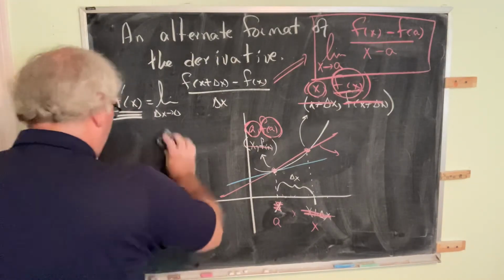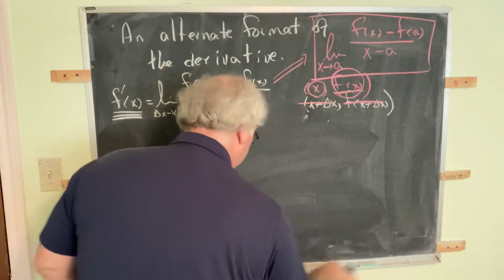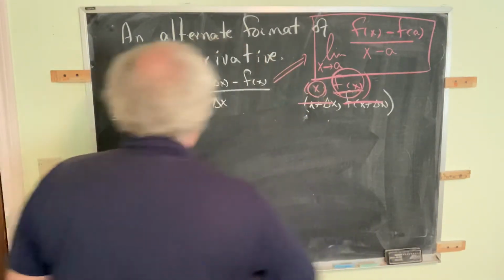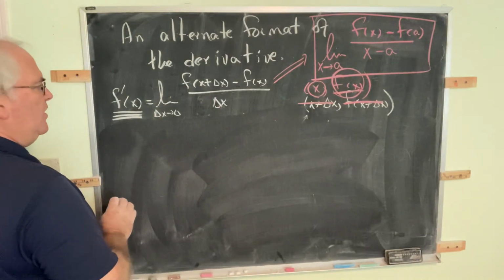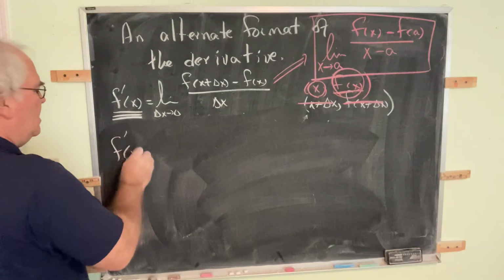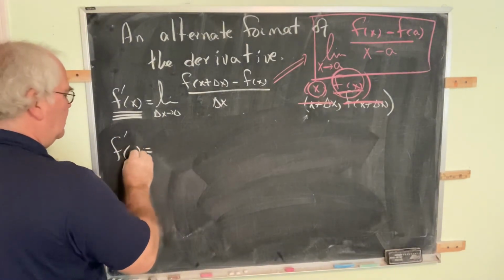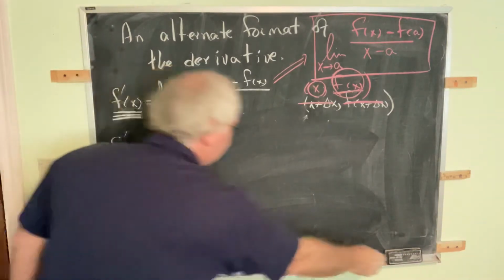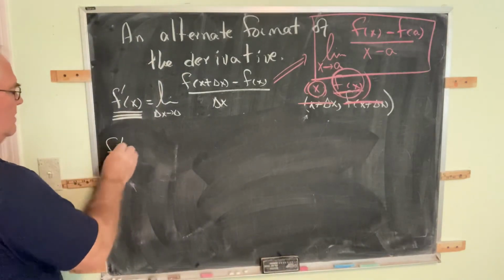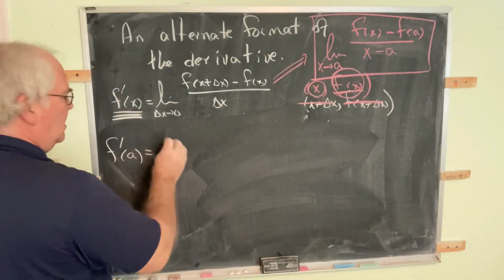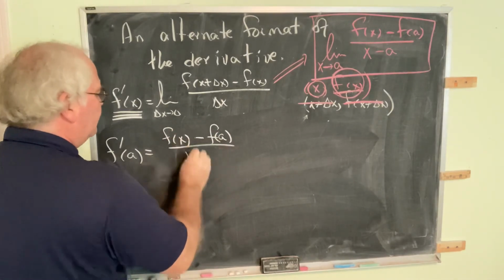So I'm going to clear this out and summarize the work we've talked about here. You may, if you wish, use this as the definition for the derivative: the limit as x goes to a of f of x minus f of a all over x minus a.